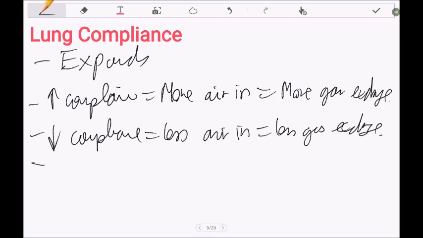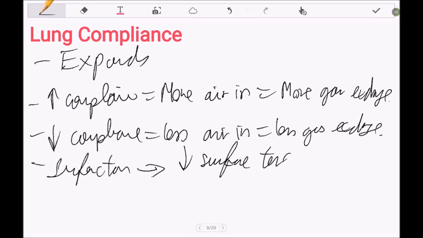Now, compliance of the lungs does play a role with surfactant. Remember earlier what I mentioned, surfactant is produced by the type 2 alveolar cells. We said that the job of surfactant is to decrease surface tension, right? So I want you to think about this.